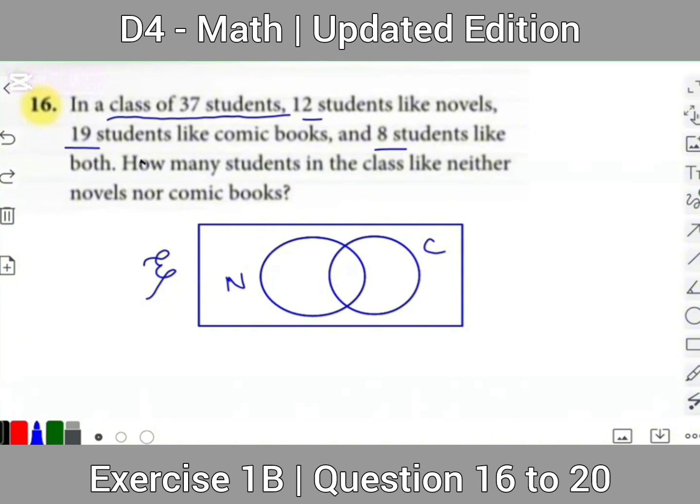We can just write down the number of elements to understand the problem. So the number of students who like both is 8, and it will be written in the overlapping region. The number of students who like only comics, we have found, is 11. And the number of students who like only novels is 4.